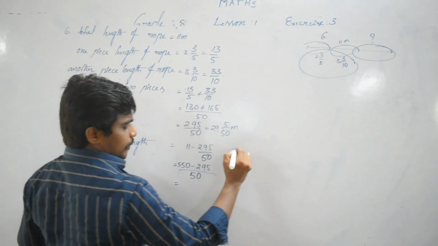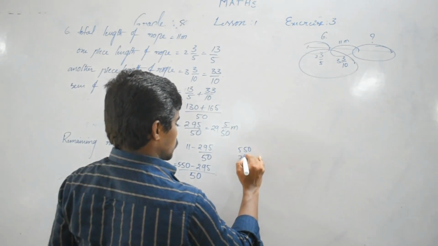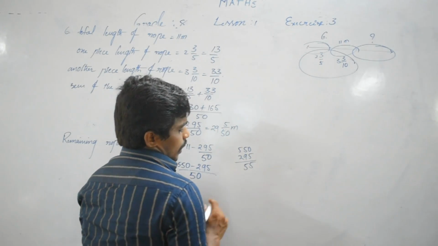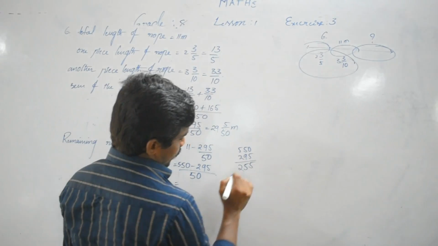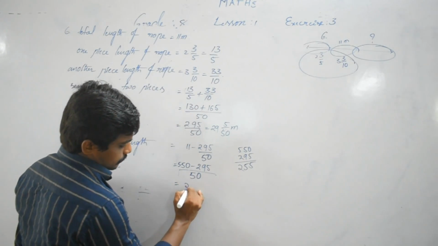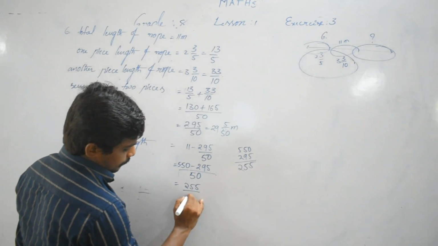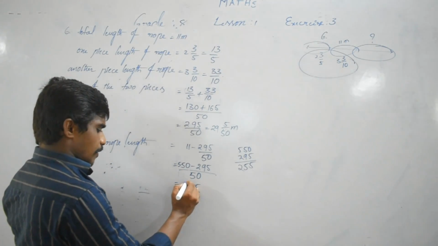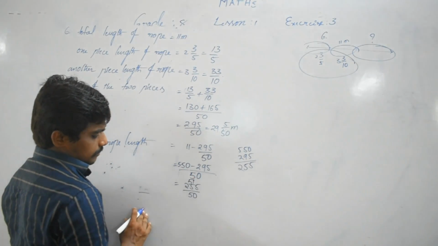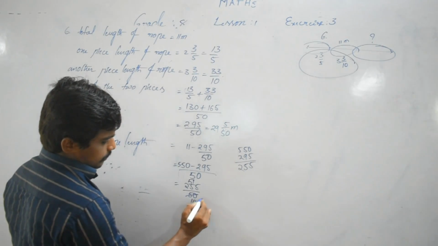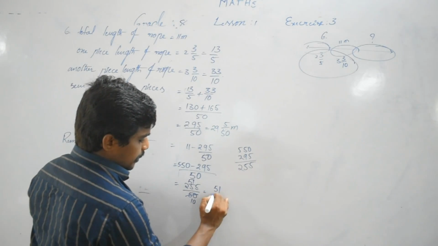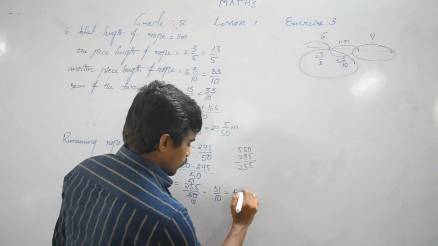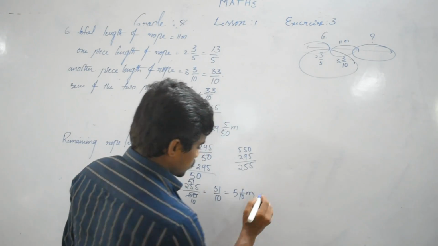So how much? 550 minus 295 is 255 by 50. So 5 5s are... 5 1s are... 5 10s are... So 51 by 10. How does this come? 5 1 by 10 meters.